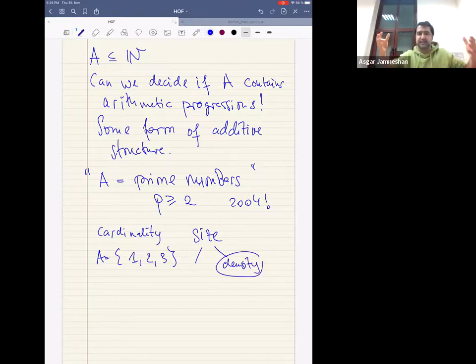If you have an infinite set of numbers, for instance 2 times n, all even numbers, there are infinitely many of them, so the size will always be infinite. But we will see that even among infinite sets of numbers there are differences. Some infinite sets of numbers will have arithmetic structures, others will not. We will find a way to detect those infinite sets which have arithmetic structures and those which don't.